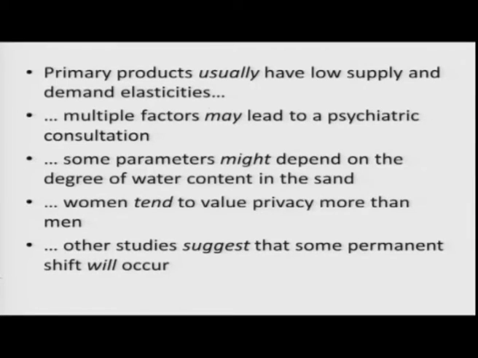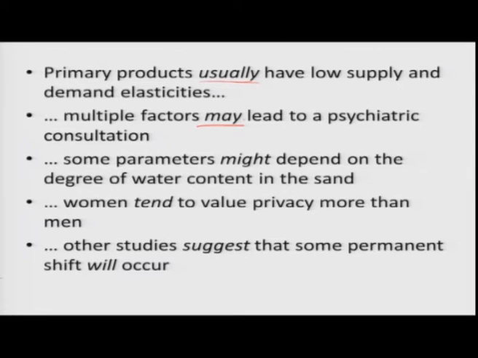Let us now look at some examples. Here are some sentences taken from articles. Primary products usually have low supply and demand elasticities. Here, usually is the hedging device. Multiple factors may lead to a psychiatric consultation.